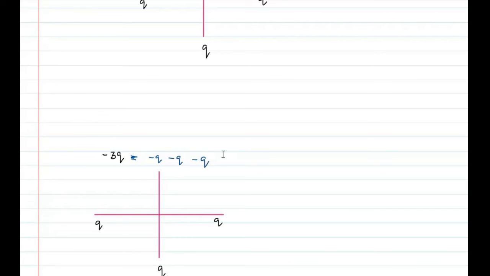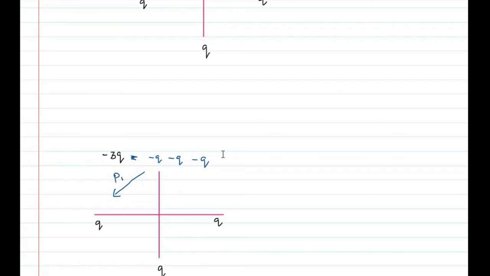Now this minus q and this q form one dipole pair, this minus q and q form another dipole pair, and this minus q and q form another. So you have three dipole pairs, minus q and q. The dipole moment direction is from minus to positive.